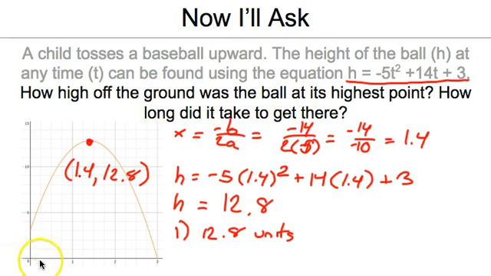Well, that's a question of how much time did it take. Time is measured on the x-axis, so that would be 1.4 units of time, probably seconds, but since it wasn't specified, we would just say this. So again, notice that all of this is just a fancy way to ask you to find either the y-intercept, vertex, or root of a function.